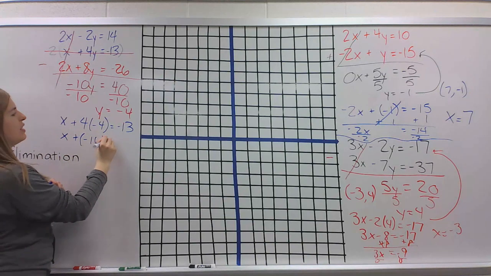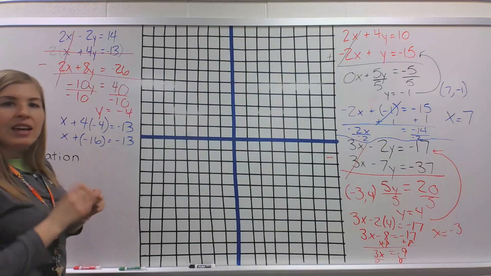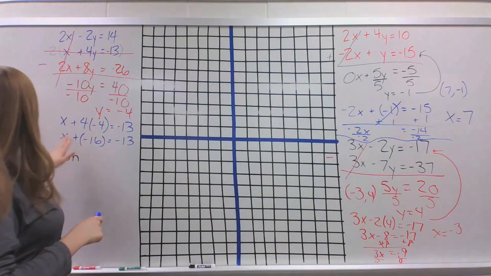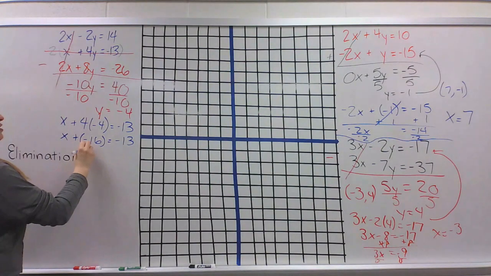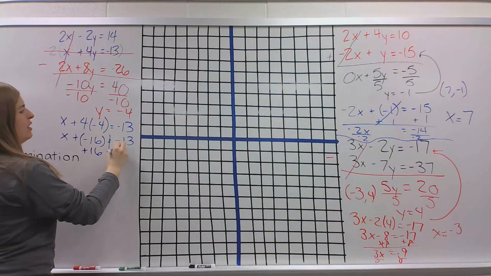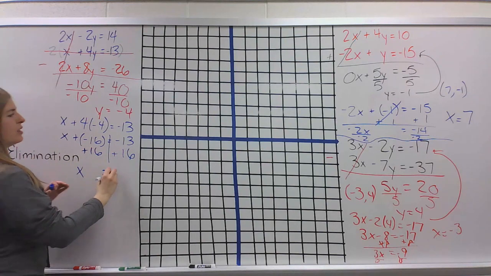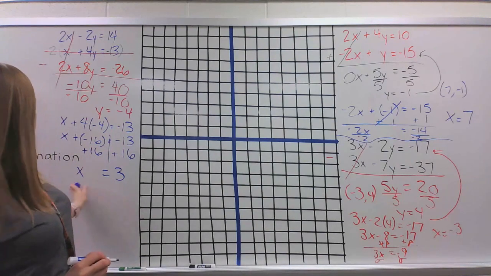Negative 16. And then when it's plus a negative like that, it's kind of like subtracting 16. So to move it to the other side, I'm actually going to add 16, do the opposite. And then x equals 3. Negative 13 plus 16 would be 3.